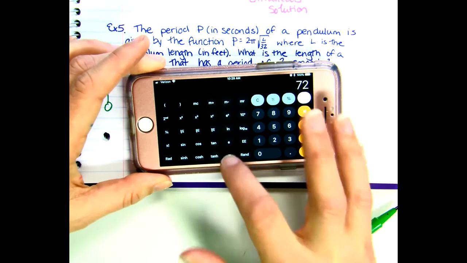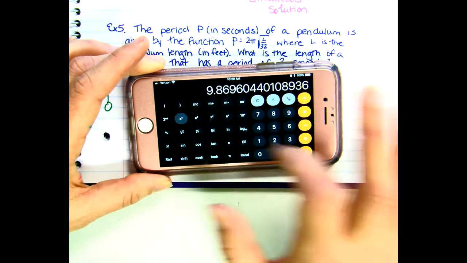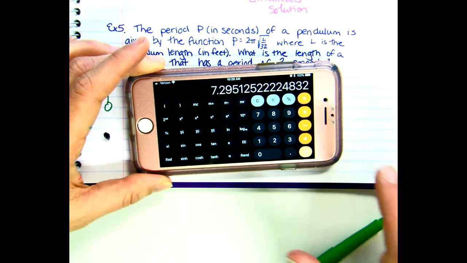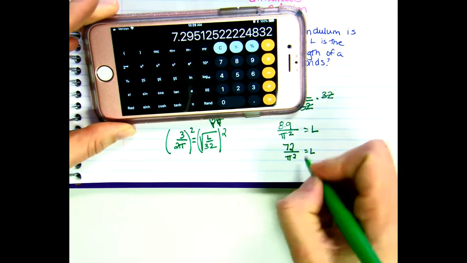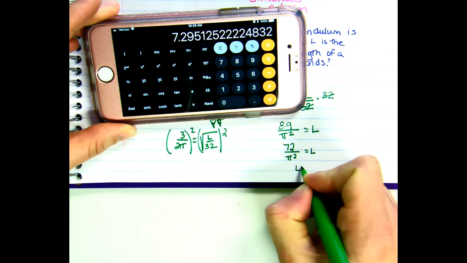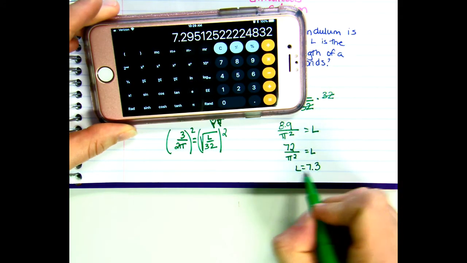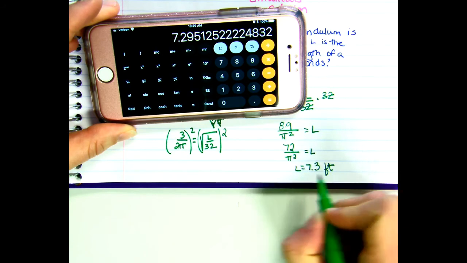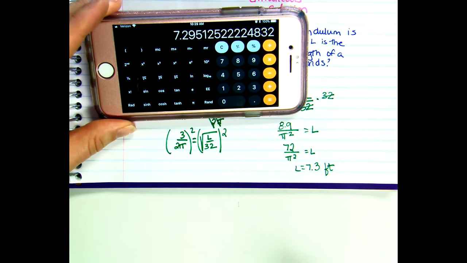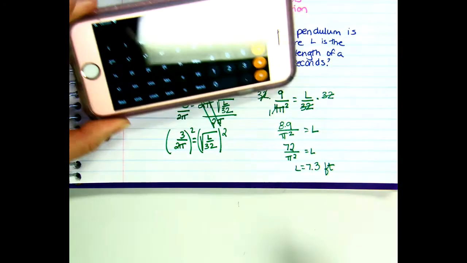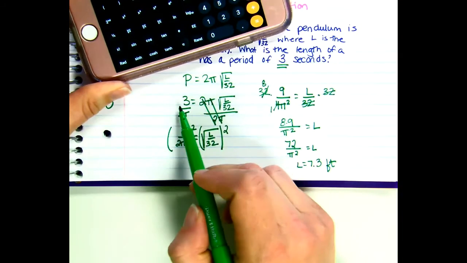There it is. Pi squared, close parentheses, and I get 7.3. So that tells me that my pendulum needs to be about 7.3 feet long to have a period of 3 seconds.